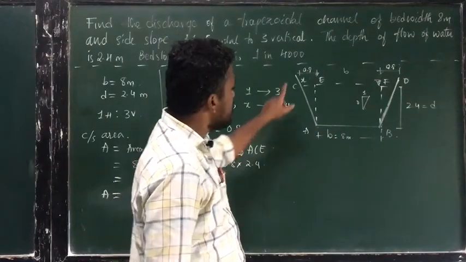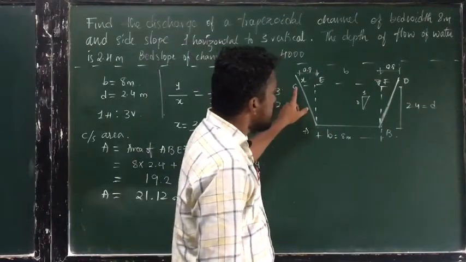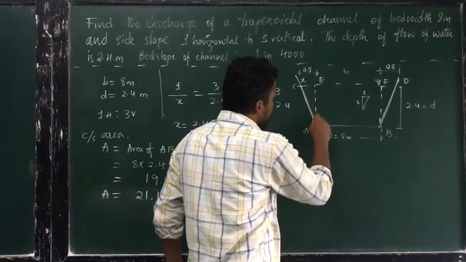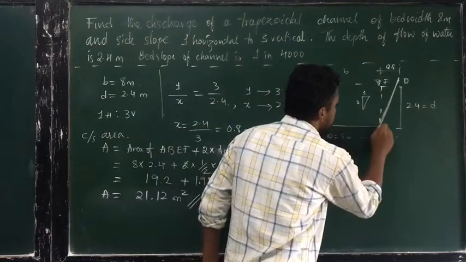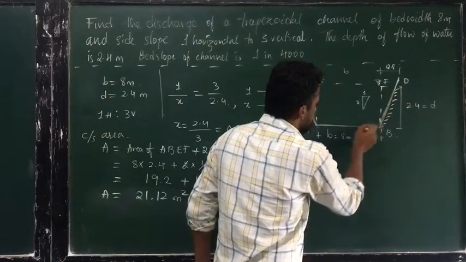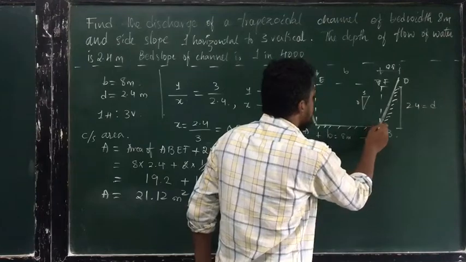Now what do we need? We need the wetted perimeter. So wetted perimeter in the sense the length of rigid boundary which is in contact with the water. So we have to calculate this length.